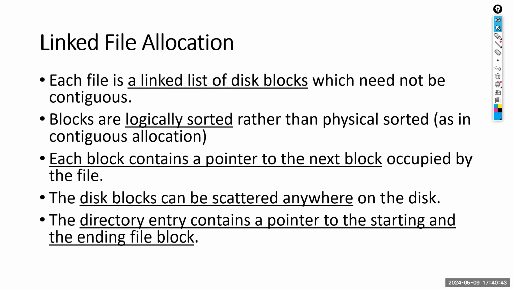Because each block has the address of the next block, of course, you need a little bit of arm movement, rotation, and so on to get to the next block. But usually we don't consider it a big drawback if you are just searching for a particular record, not the entire file.